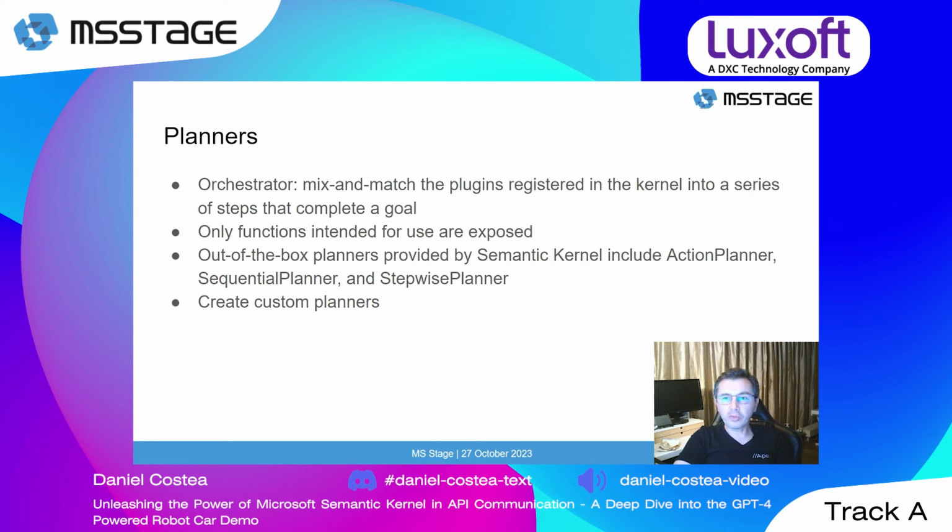Out of the box, we have planners like the Action Planner, Sequential Planner, and Stepwise Planner. Still, custom planners can be created if needed, but I cannot promise this will be as easy as building a plugin.